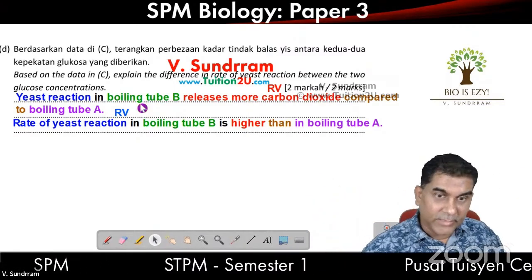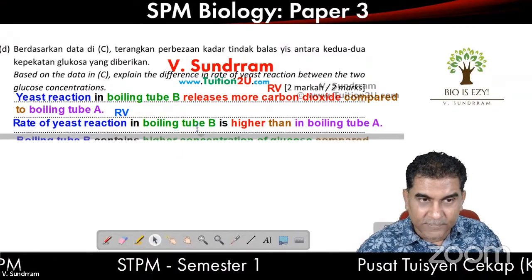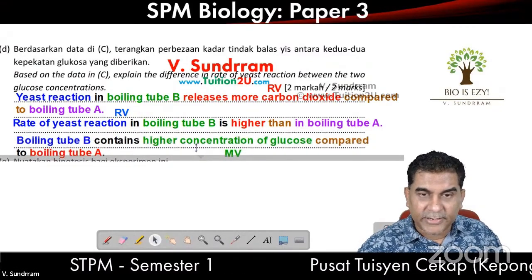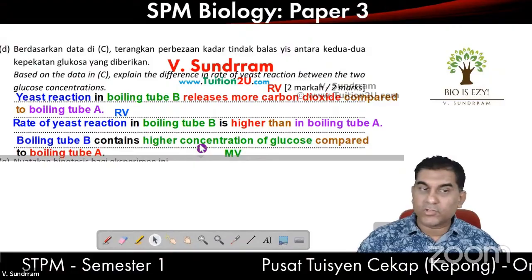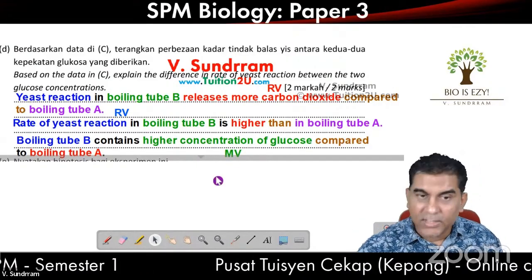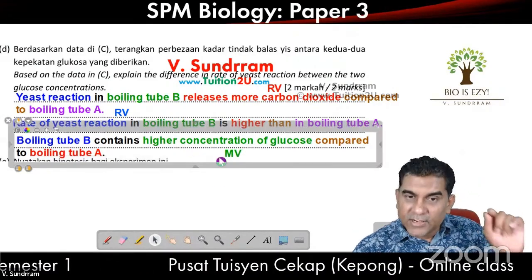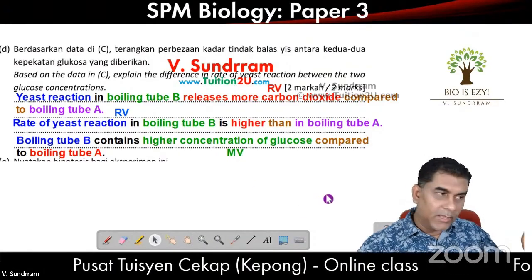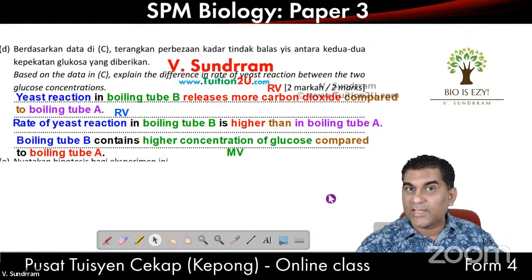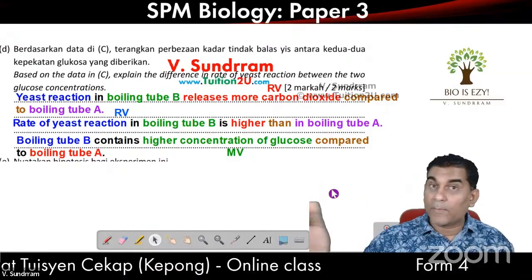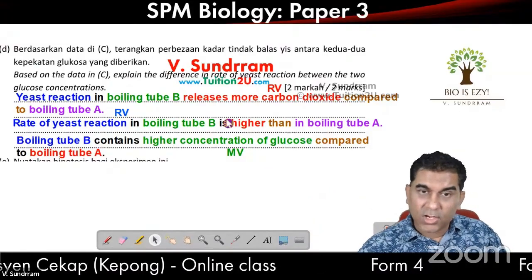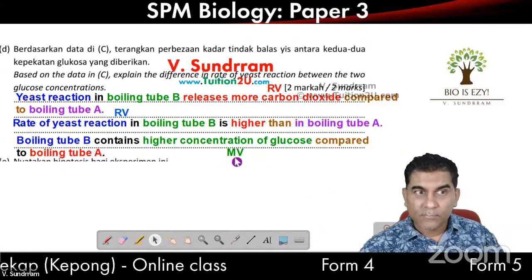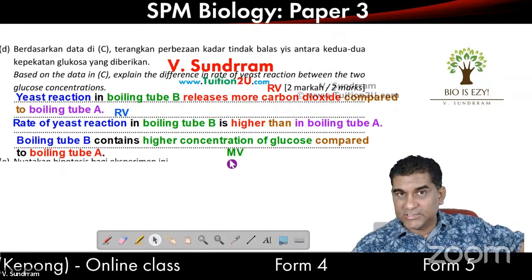Why more? That is our explanation down here. Boiling tube B contains higher concentration of glucose compared to boiling tube A. We are informing the difference is because of the manipulated variable. A has less manipulated variable, B has more manipulated variable. So all of this is more. More carbon dioxide is released.